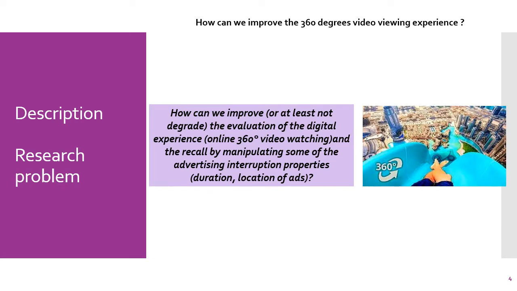Our main research problem for this study is to understand how we can enhance the viewing experience for 360 degrees videos. So in general, we find a lot of literature about classic videos, the regular type of videos that you find on YouTube, on Dailymotion, Netflix, etc., but not that much on what we call interactive videos.